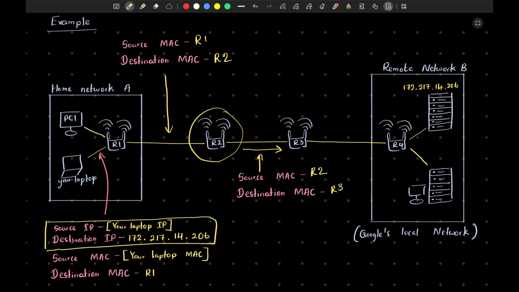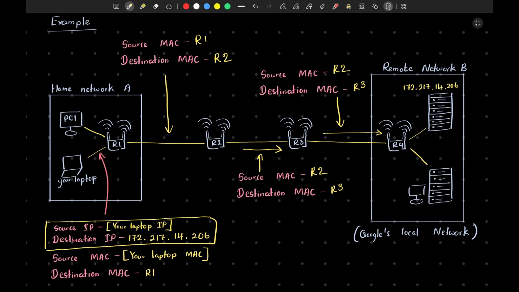Then R3 will check the IP address again and check whether that IP address is in its network, but no. So it forwards the data frame to the next router.